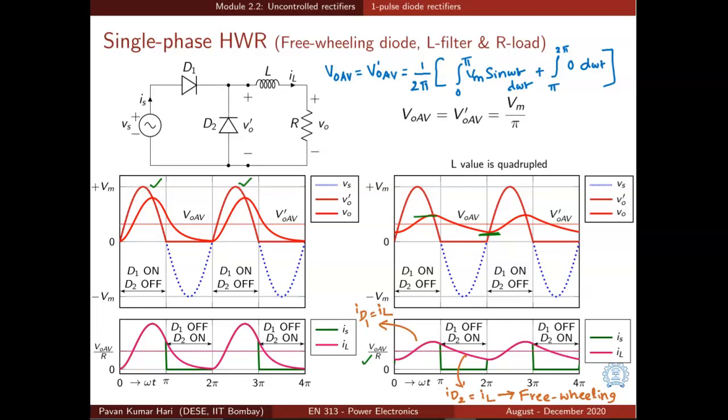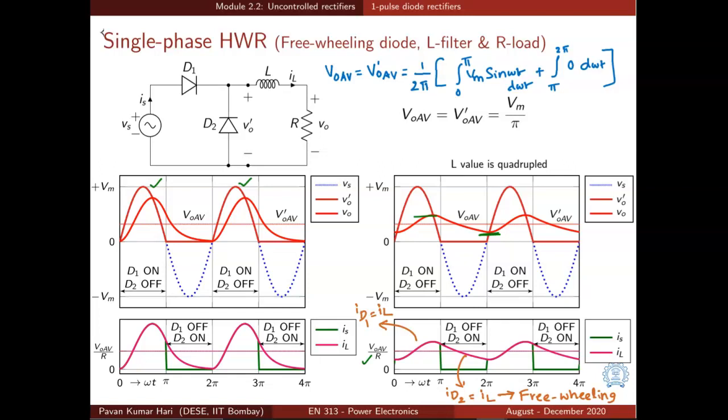And if we observe, in the first half, diode D1 is carrying current IL, load current, and in the second half, diode D2 is carrying the load current IL. The diode D2 is known as freewheeling diode. Why? Freewheel is a device in automotive transmission that disengages the drive shaft from the driven shaft when the driven shaft rotates faster than the drive shaft.